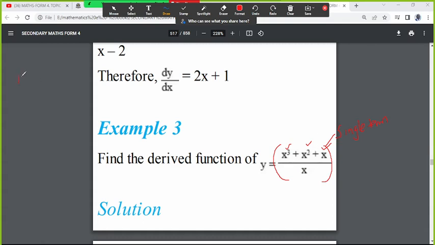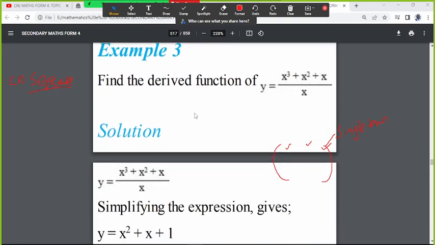So number 2, when it is a fractional function, we separate the terms before we take the process of differentiation.